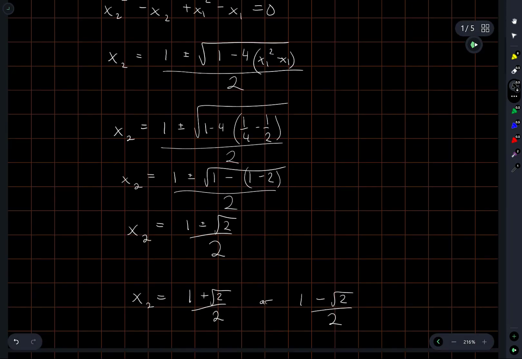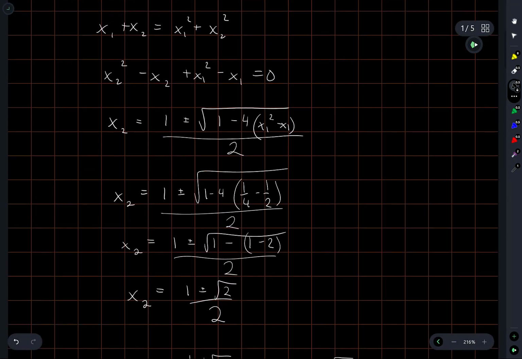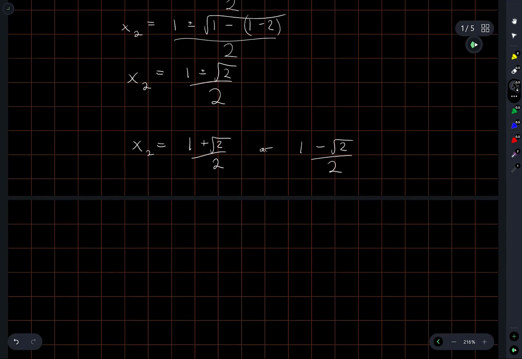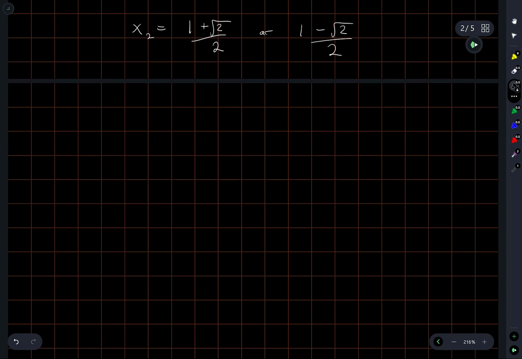Now can both of these work? Let's just check whether these could both possibly work. I suppose they can, right? x1 plus x2 is equal to a half plus a half plus square root of 2 over 2, which is equal to 1 plus square root of 2 over 2.